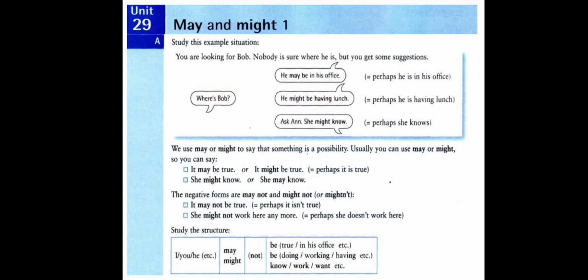So the statement will be like this: he might be having lunch. There is a possibility that he is having lunch now. So we say he might be having lunch. That means perhaps he is having lunch.